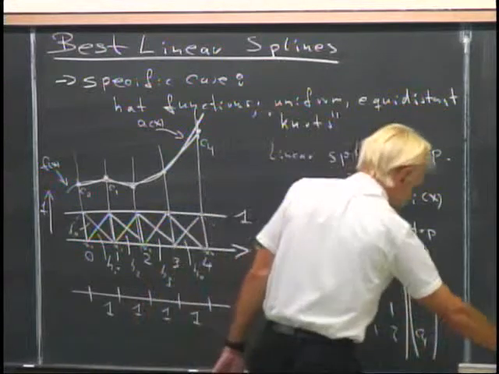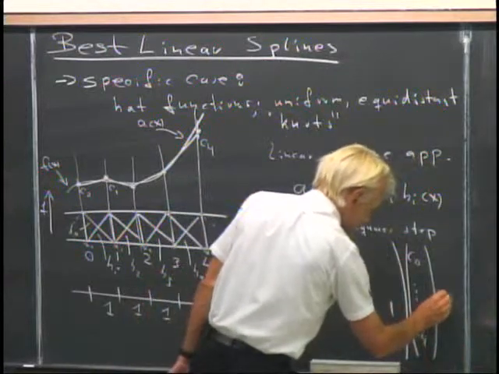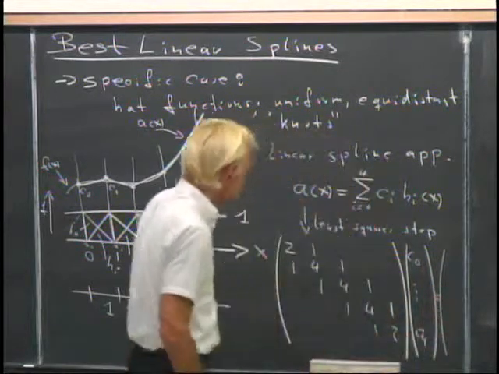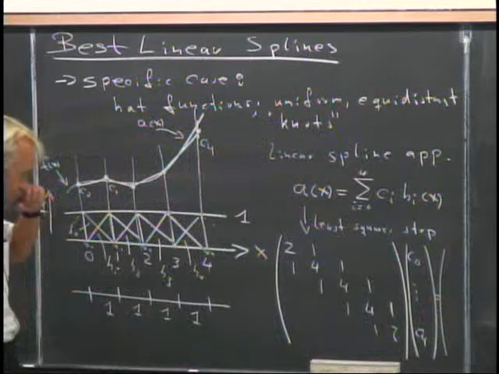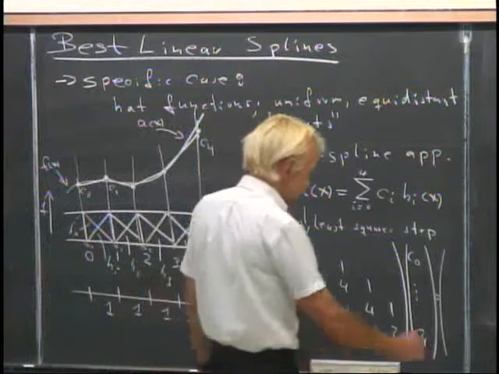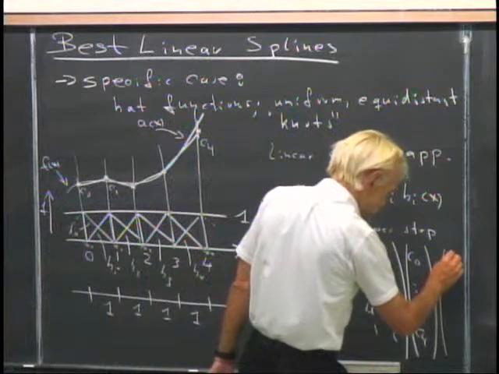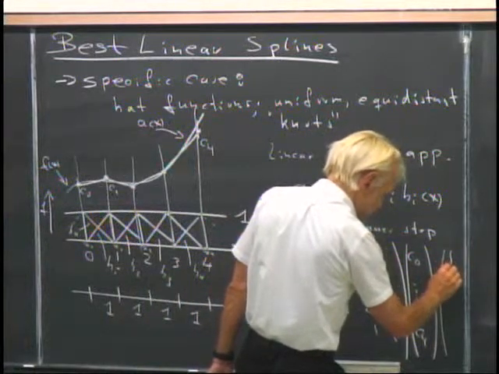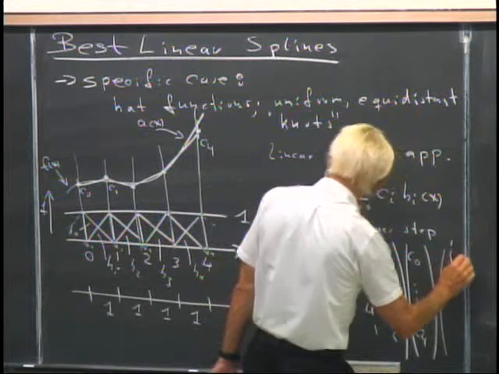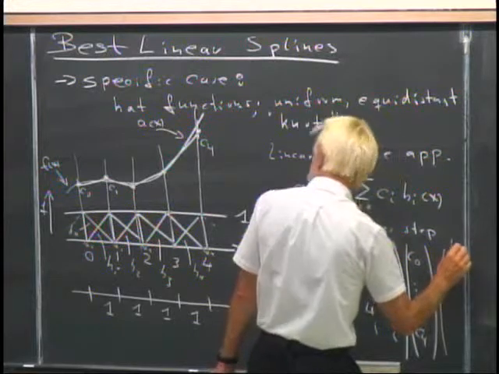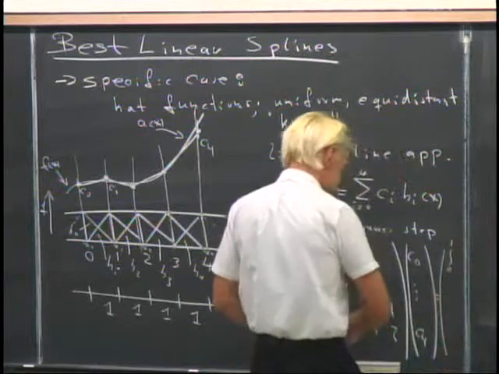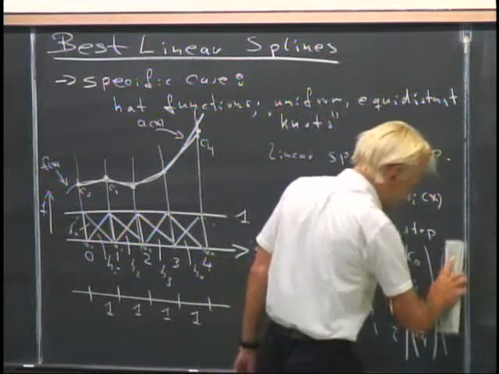And on the right-hand side, you have to compute integrals, inner products between the curve and the individual hat functions. So the first one is the integral from 0 to 1 of, what is it? Should I do it that way? No, because there are two basis functions that come into the picture. I don't know that.